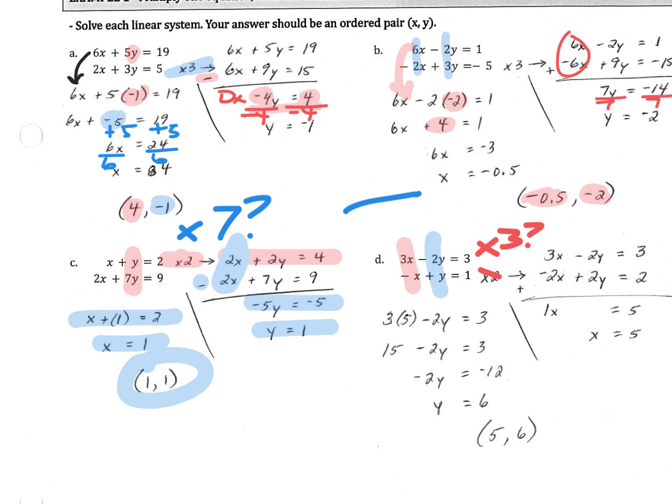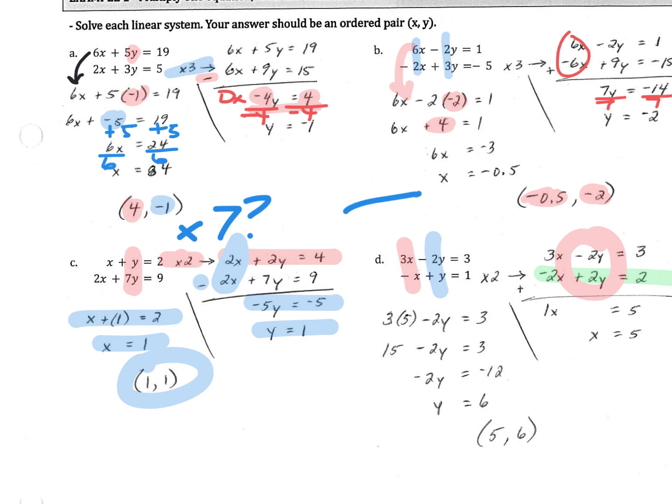So it's okay that we did times 2 instead of times 3. After I did times 2, we got negative 2x plus 2y equals 2. If I look at my y numbers, negative 2 plus 2, I have to add them to get 0.